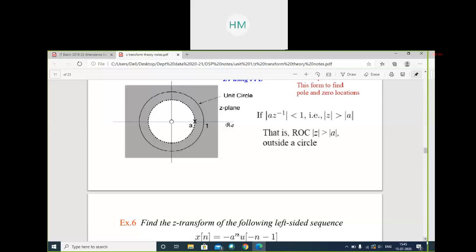Till that time, I will take attendance also parallelly. Are you simplifying? Students, are you simplifying the numerical?